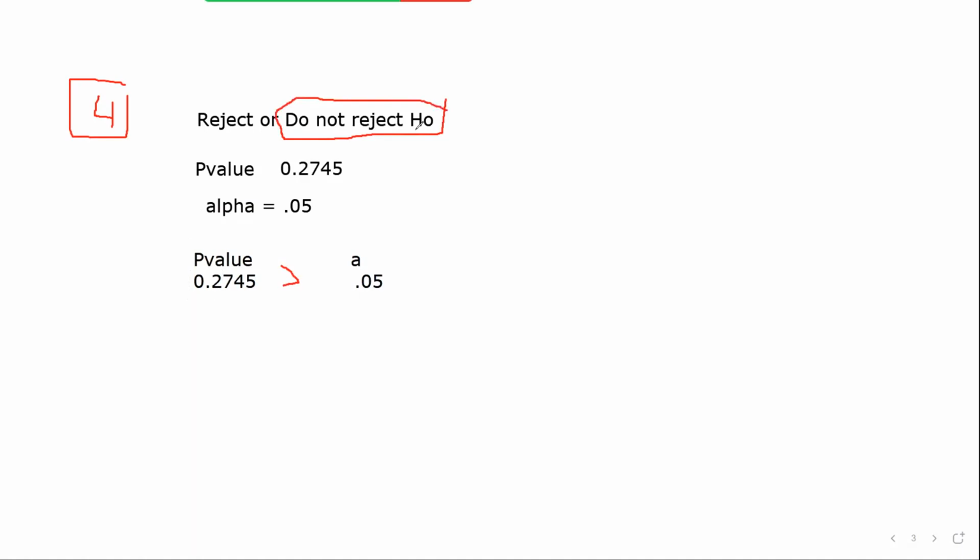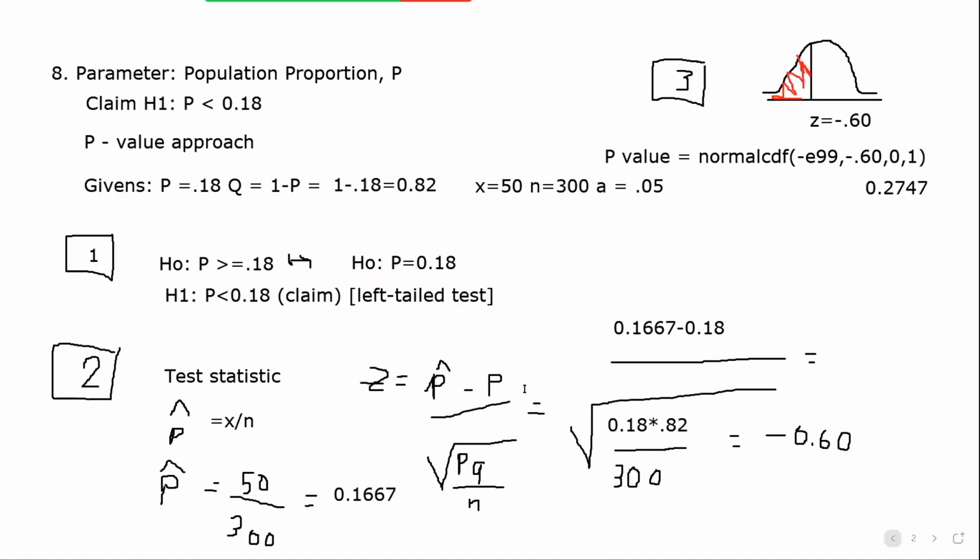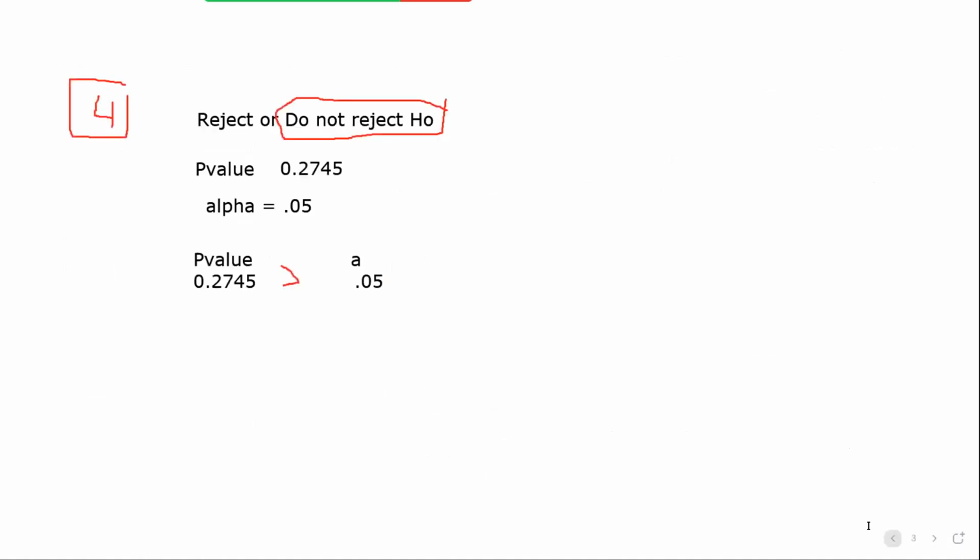So we don't reject H0. And for step 5, remember, my claim, let's go back to our friend on the first whiteboard of this. My claim was H1, right? Then what I'm going to say is that I really don't need more whiteboards in my life.